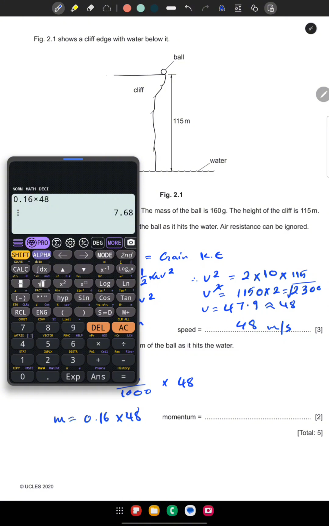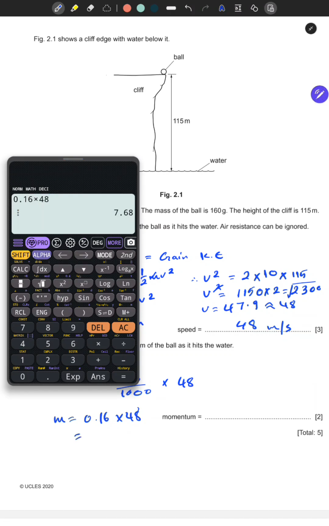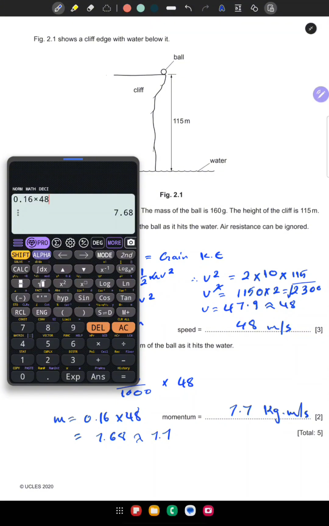It's equal to 7.68. So the momentum basically will equal 7.68, which is equivalent to 7.7. So here is 7.7, and what's the unit of momentum? It's kilogram meter per second.